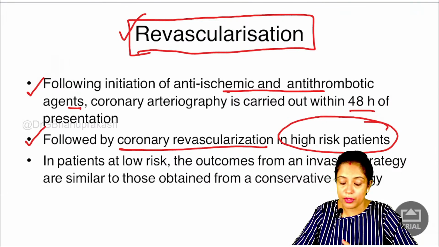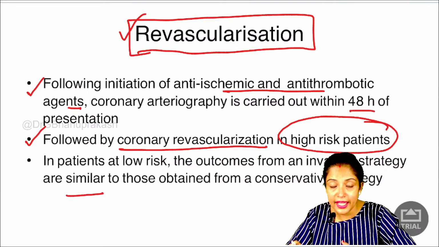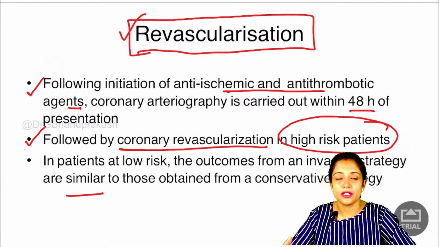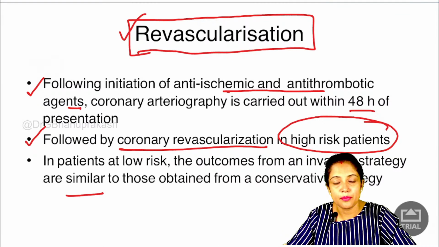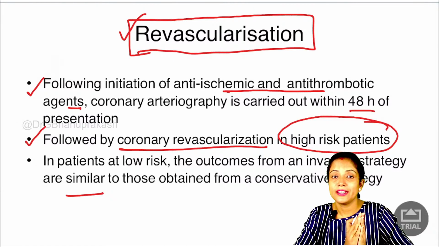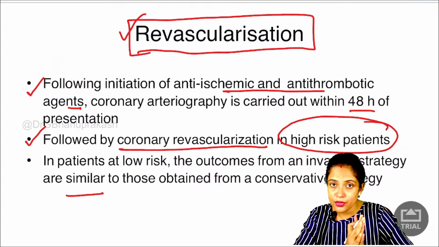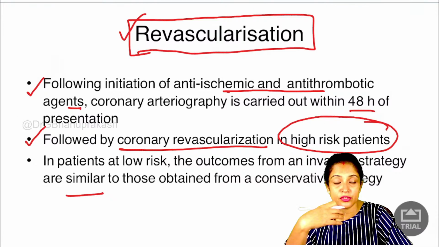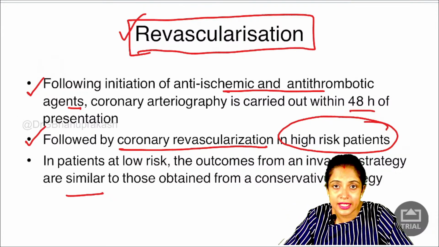It is comparable. Many times there is confusion about when we should advise the patient for revascularization, for coronary stenting or CABG. If we have done a coronary angio and found that the patient is in a high risk group, has a high load of coronary thrombus, occlusion is too much, in that case we'll advise for revascularization.